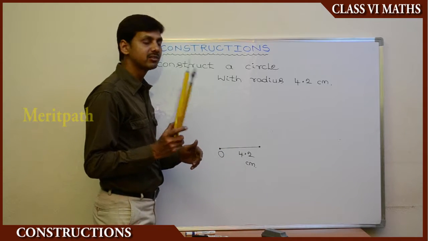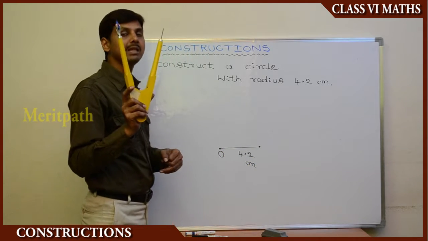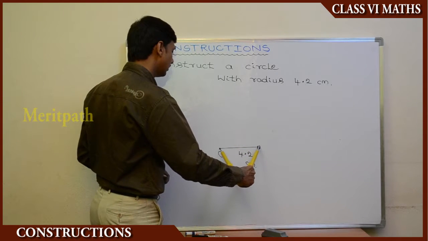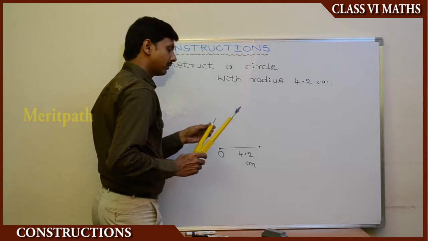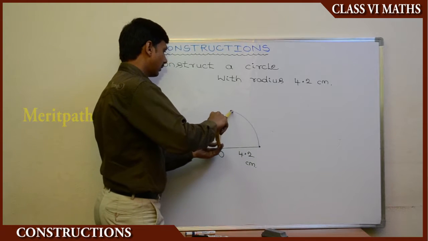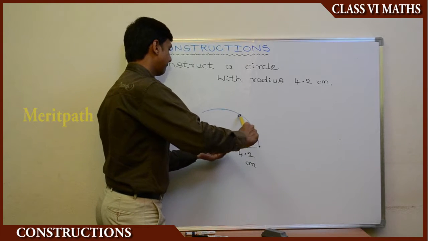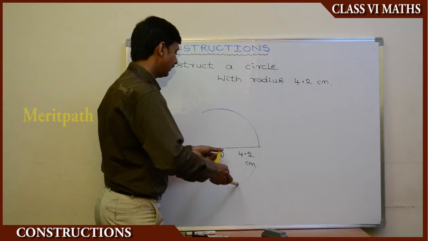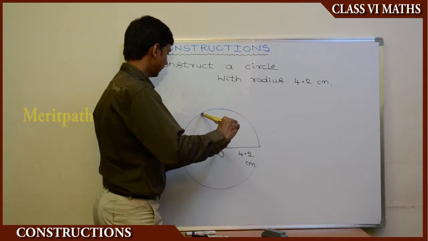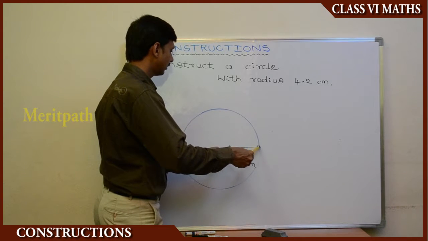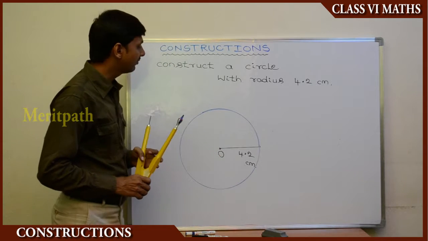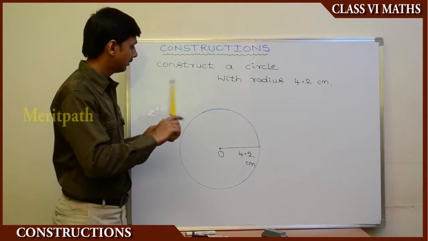The line segment has already been constructed, and on the compass we have taken 4.2 centimeters. Now, using this radius, let's rotate this compass in this manner. If we rotate this compass, then it makes a round figure. It is called a circle.